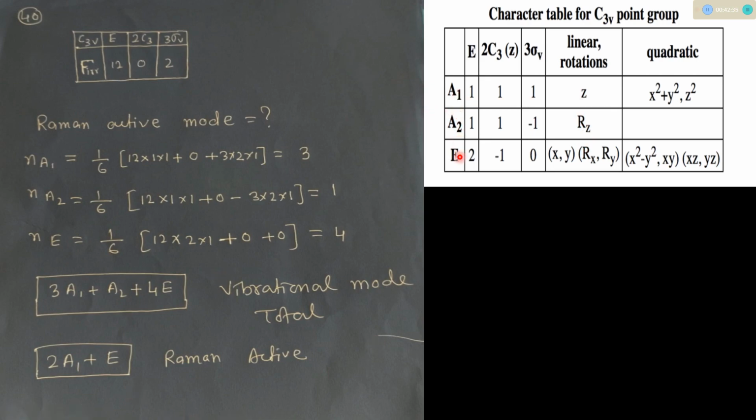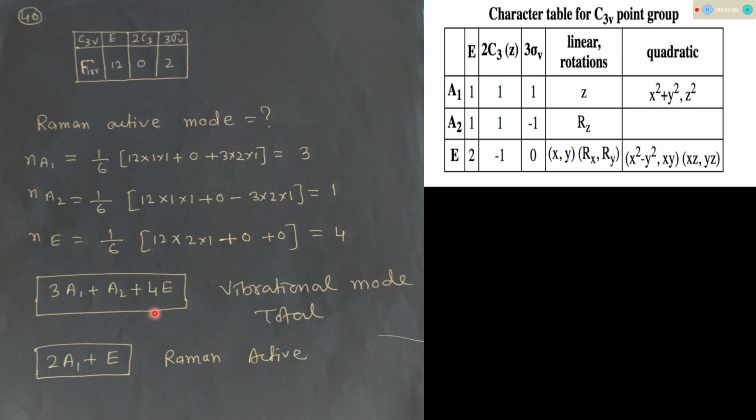So these three irreducible representations, A1, A2, E, are IR active, but only A1 and E are Raman active, because in this column there is no square term for A2. First I told you that this is the total vibrational mode. From it we have to find the IR active and Raman active modes, and those should belong to the total vibrational mode.